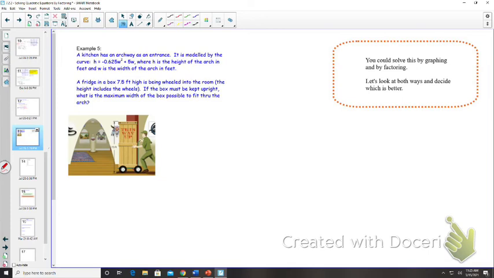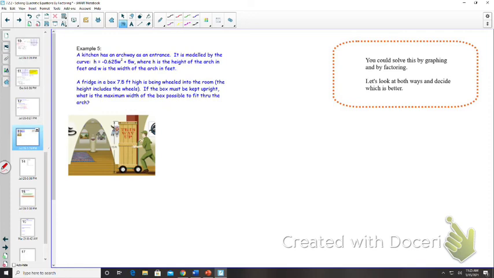So this last one here, we are given a quadratic equation for a door and an archway. You're going to have to teach yourself this stuff. A kitchen has an archway as an entrance.